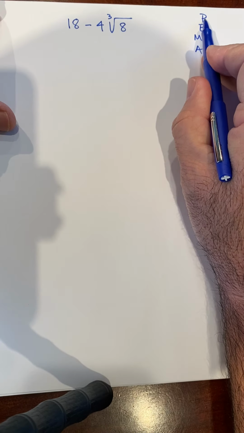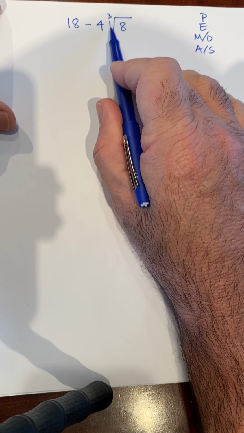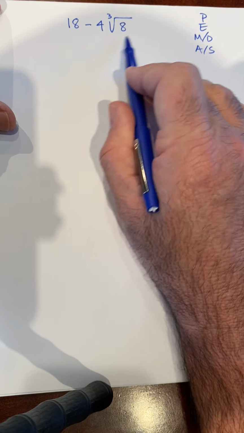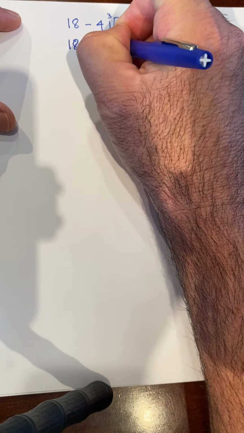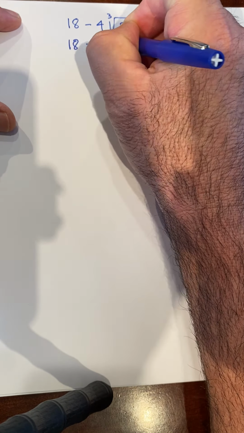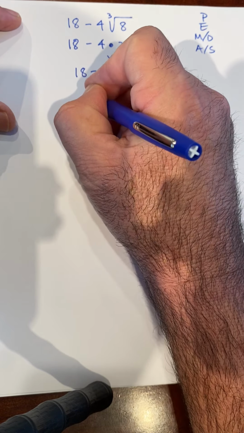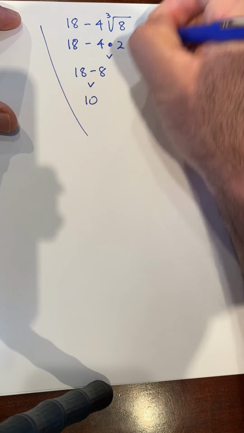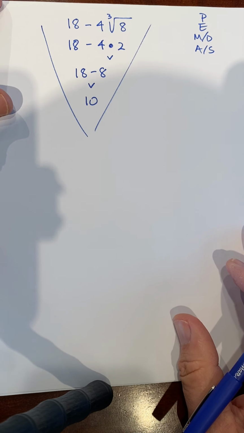So here, P stands for parentheses or grouping symbols. A cube root is a grouping symbol. That's at the top of the food chain. So it's 18 minus 4 times 2, because the cube root of 8 is 2. Now I multiply, 18 minus 8, and last is subtract. And there's our ice cream cone we all learned.